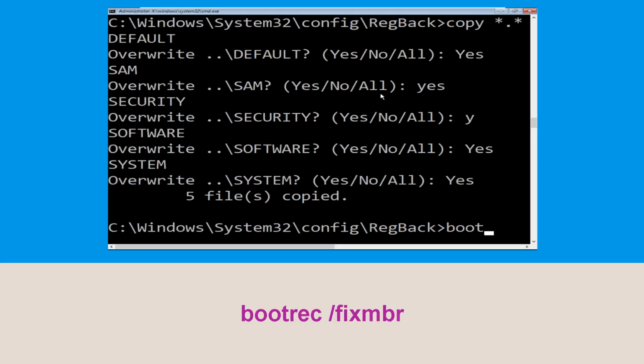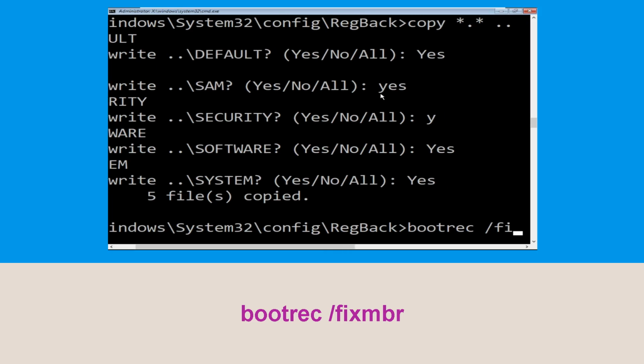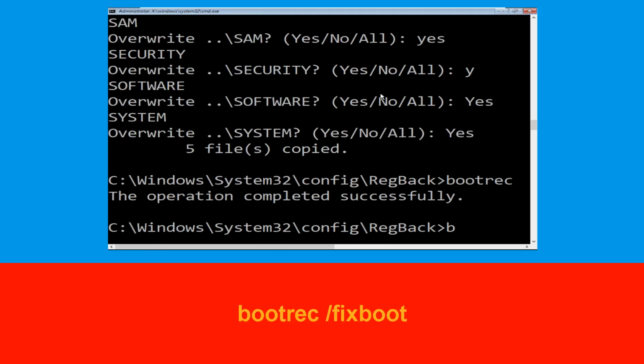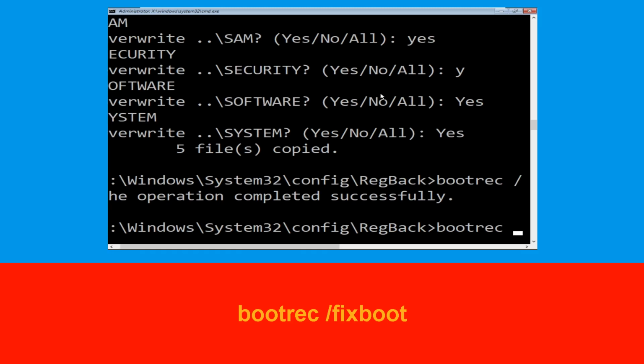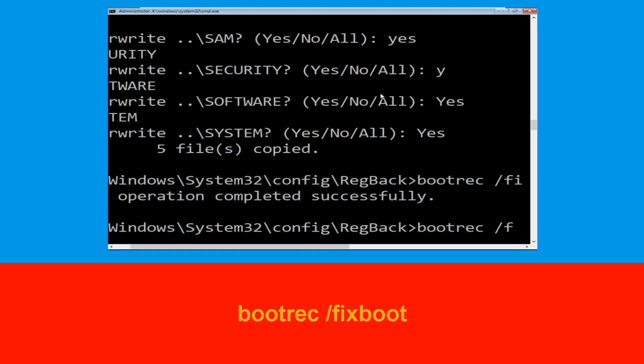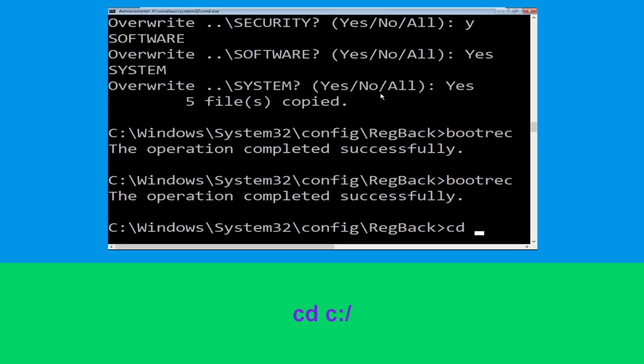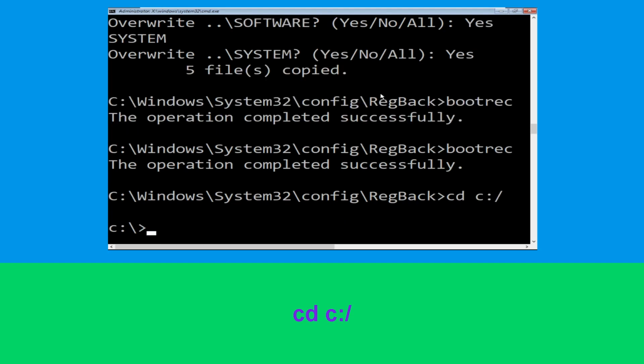Now execute this command. Type bootrec space /fixmbr and simply hit enter. Now type bootrec space /fixboot and hit enter to execute. Now type cd space c:/ and simply hit enter.